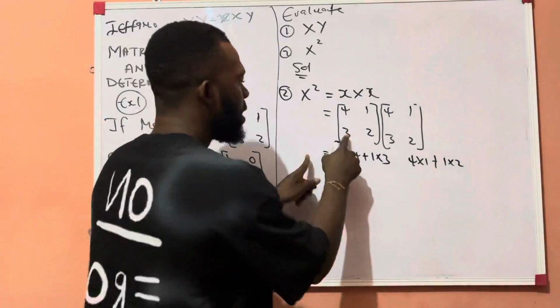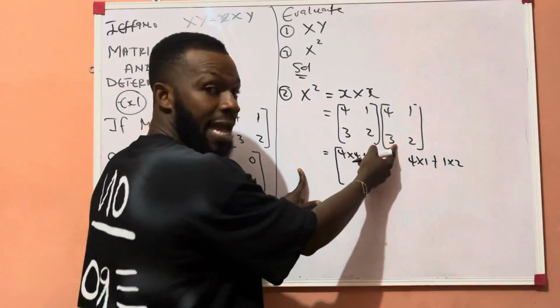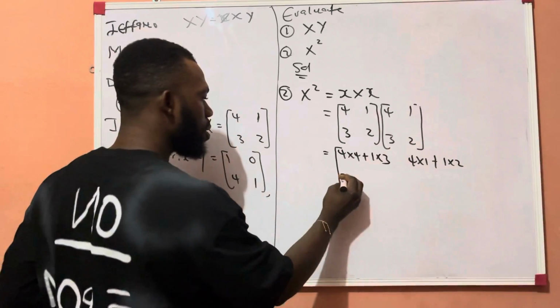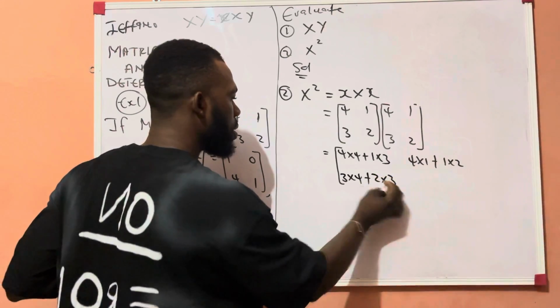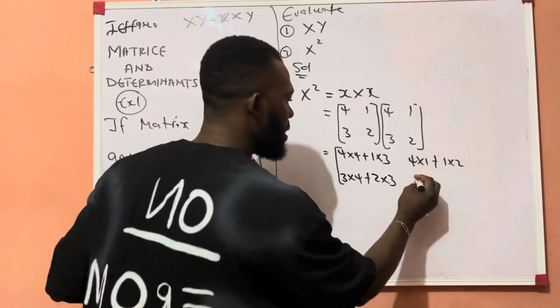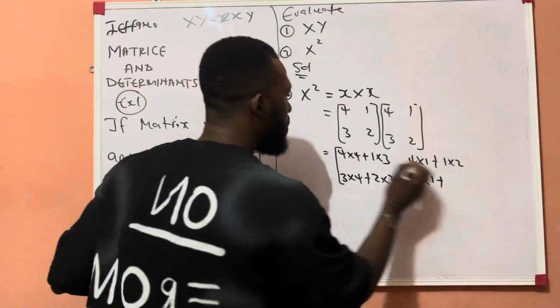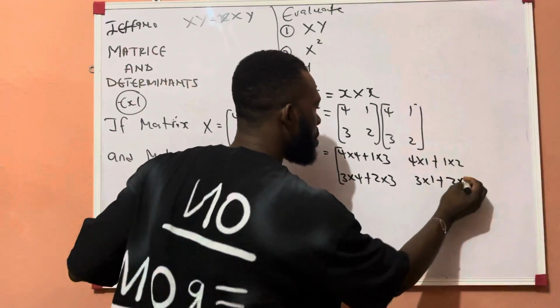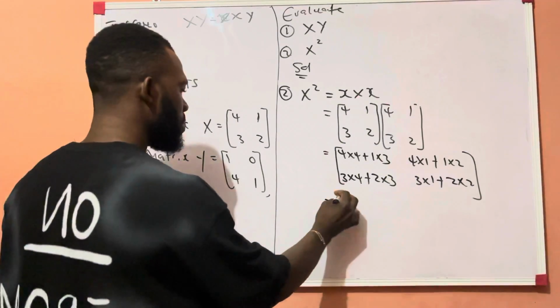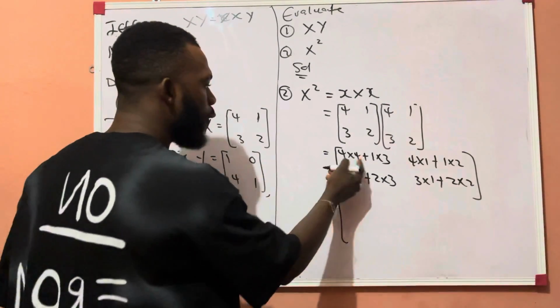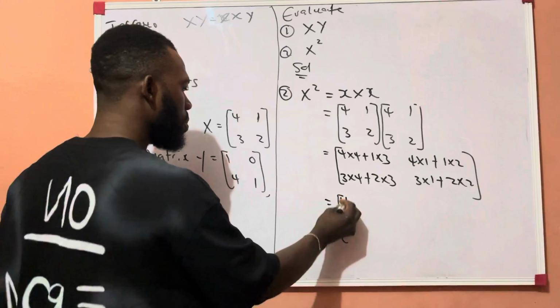Now coming down, the first multiplies top, the second multiplies down. 3 times 4 plus 2 times 3. And 3 times 1 plus 2 times 2. Yes. So without wasting time, we have this. 4 times 4 gives us 16.